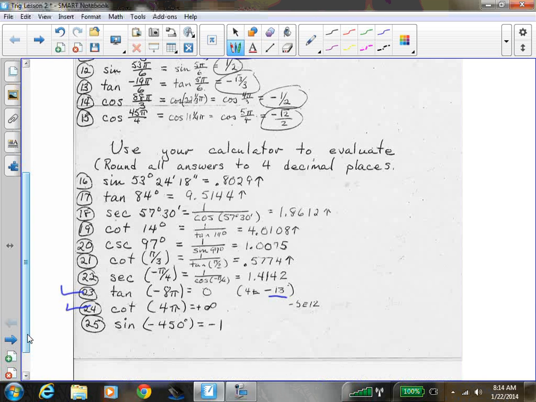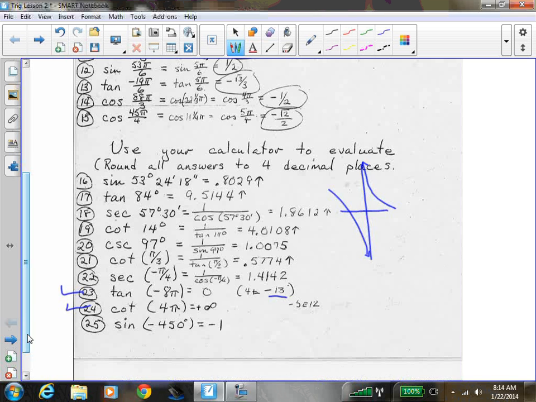All right, and then on 24, when we do the cotangent of 4 pi, you get negative 5e to the 12th. Now, because of that negative sign, we would be inclined to think that perhaps that's negative infinity, but we want to just put infinity there, because when we're looking at the graph of this, as it gets close to there, on one side it's coming down like this, and on the other side it's like that.